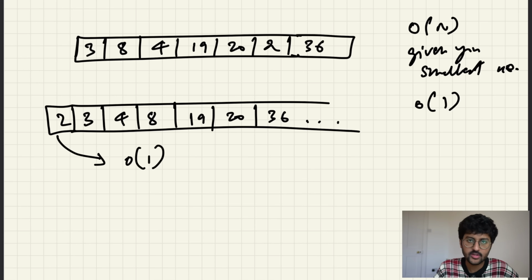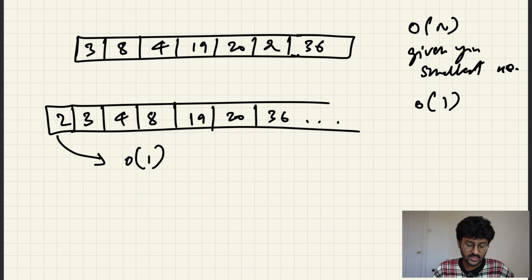But there's a problem here which is very obvious. Inserting an element is taking O of n time. Why? Because in the worst case scenario, you insert an item, then you have to sort the array. Or actually not O of n time, O of n log n time. Yeah, O of n log n or O of n squared, whichever sorting algorithm you are using, not O of n.